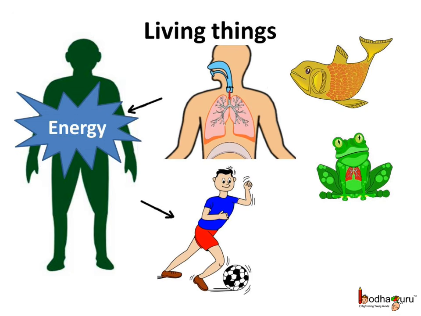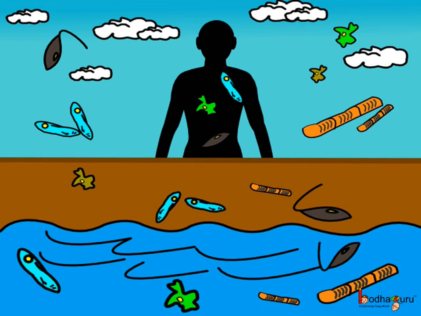And how is this energy utilized? The living things use this energy to move, to grow, and also to perform all the activities. All the living things respire, even the microbes like the bacteria. But the non-living things don't respire or breathe.